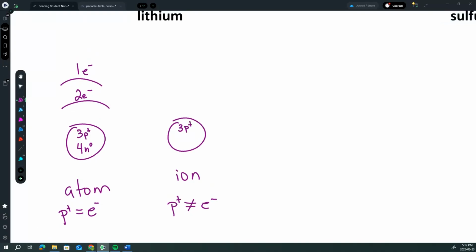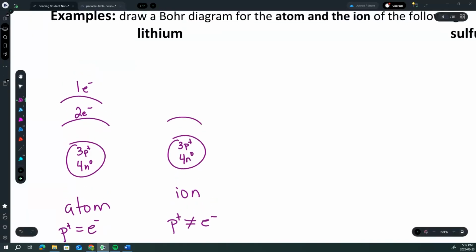So we still have 3 protons, we still have 4 neutrons, but as we go from a lithium atom to a lithium ion, we're going to lose that outer electron, that valence electron.